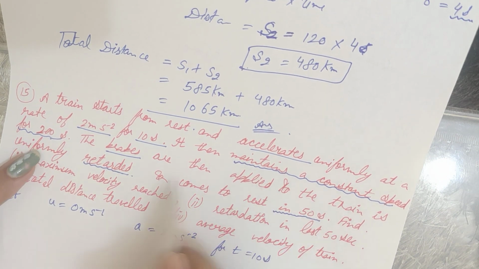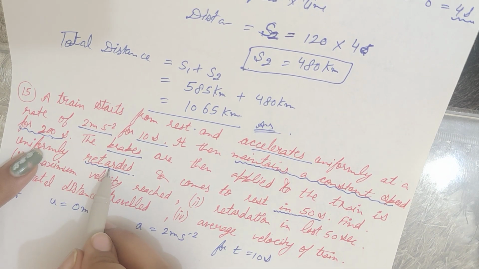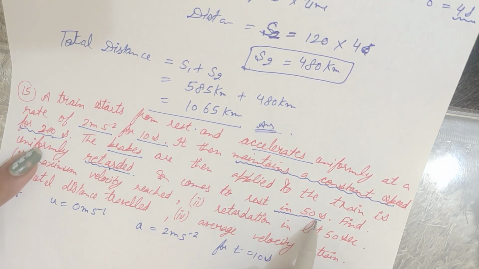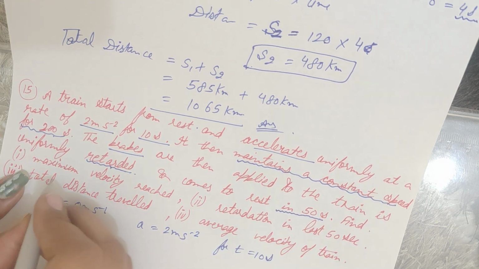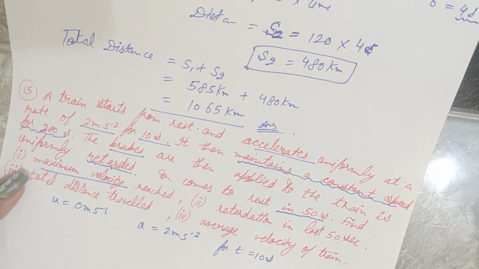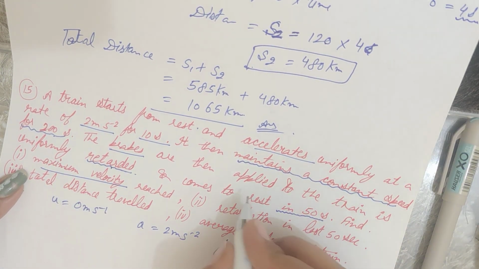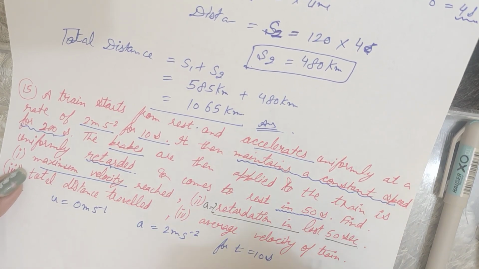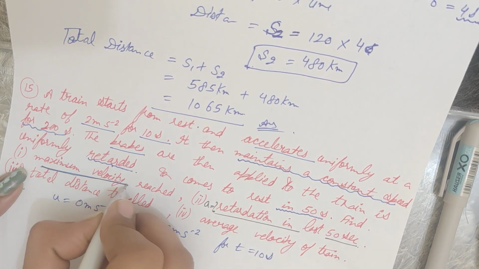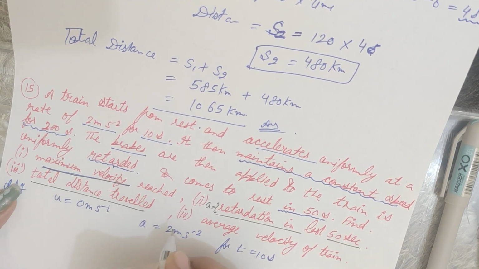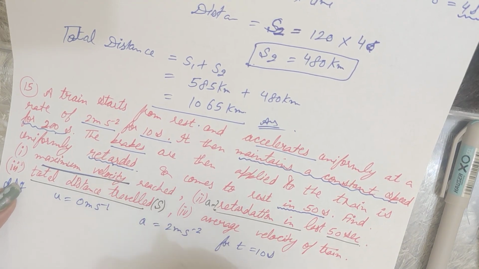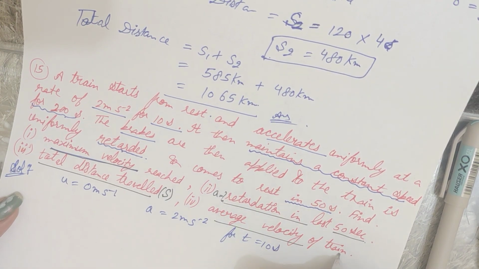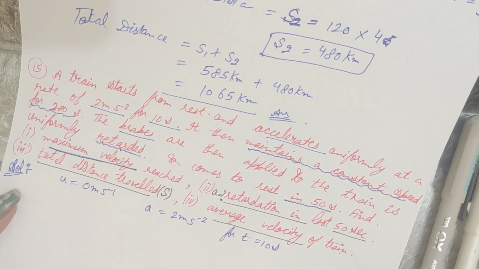Then the brakes are applied for uniformly retarded motion and it comes to rest in 50 seconds. We need to find the maximum velocity reached, the retardation for the last 50 seconds, the total distance covered S, and the average velocity of the train.